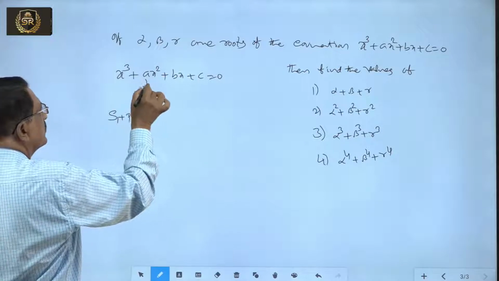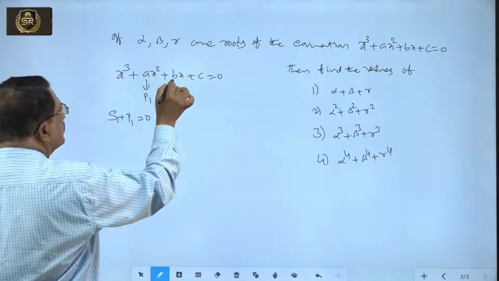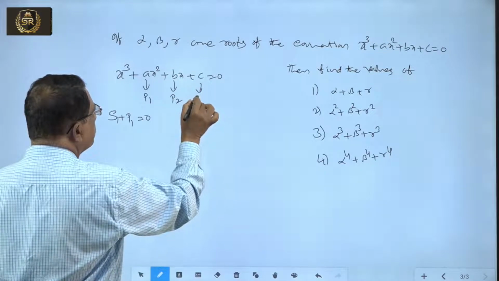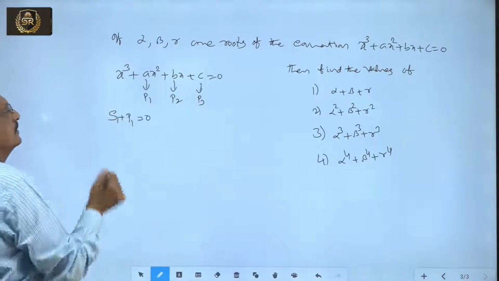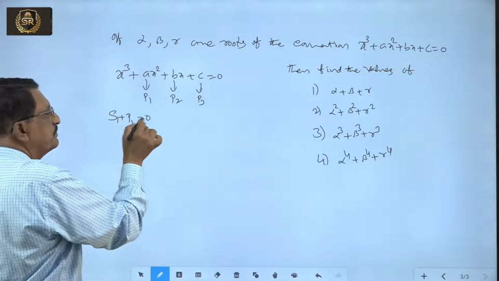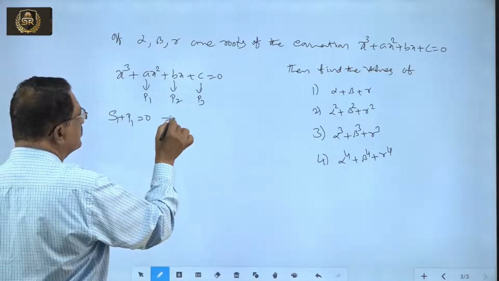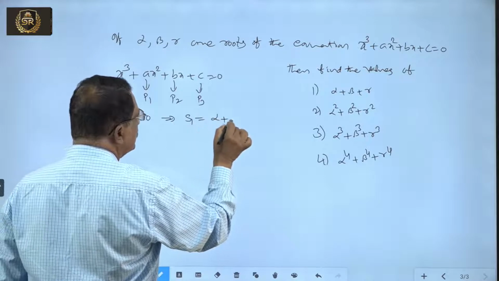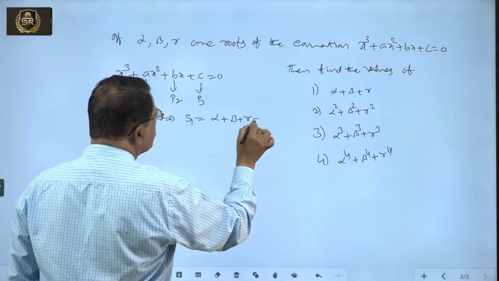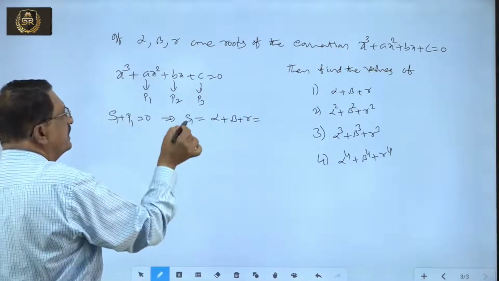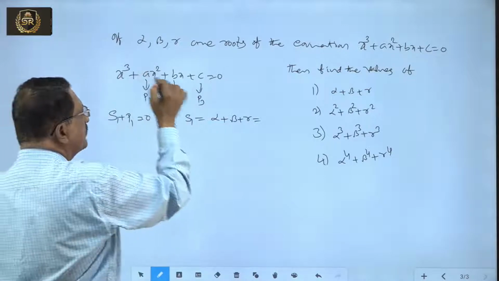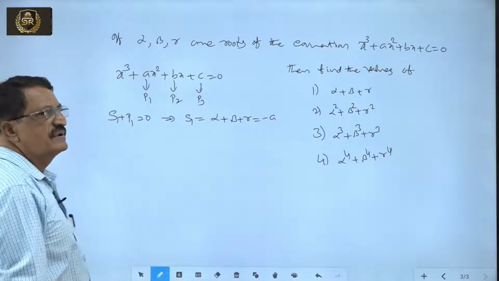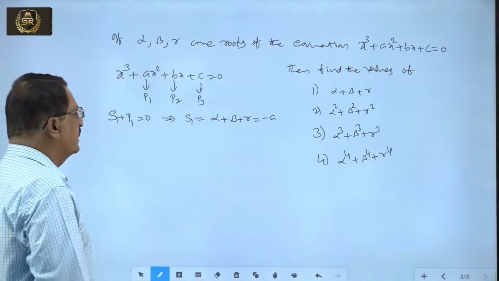Here we have P1, P2, P3. Now, S1 plus P1 equals 0, which implies S1, or sum of roots, alpha plus beta plus gamma equals minus P1. But P1 equals a, so alpha plus beta plus gamma equals minus a.